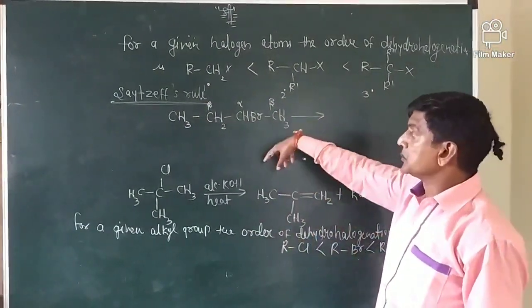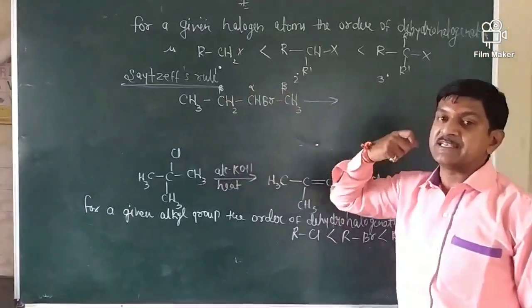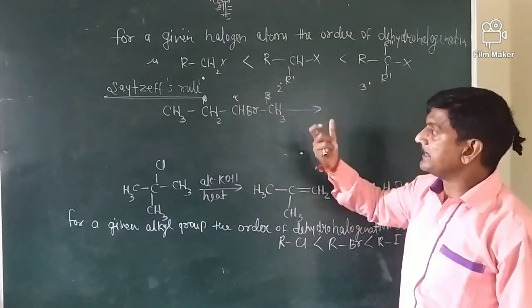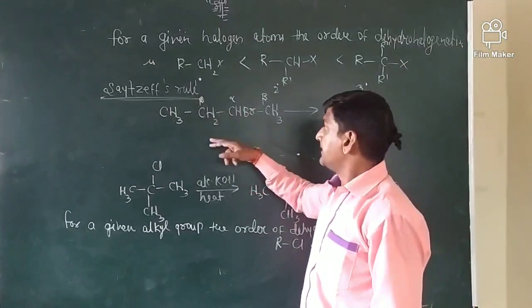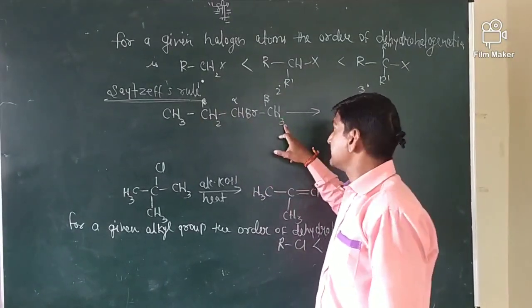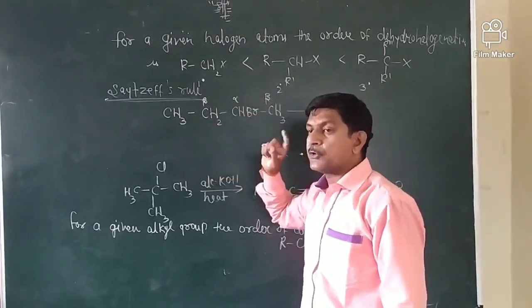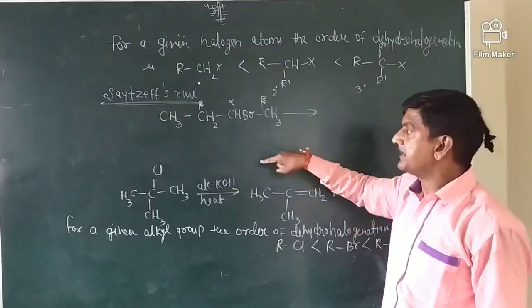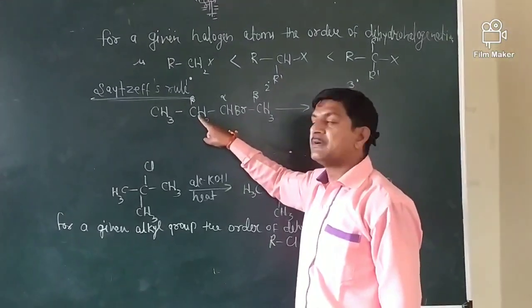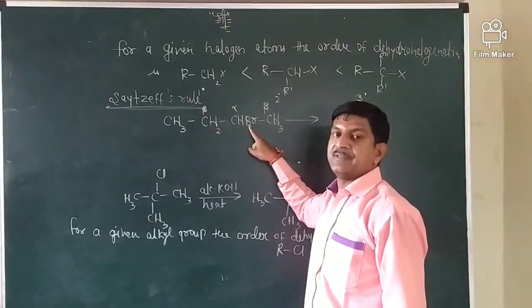According to the rule, hydrogen atom is eliminated from that carbon atom which possesses the least number of hydrogen atoms. Just see both beta carbon atoms. Here is one beta carbon, this is also beta carbon. But here the number of hydrogens is 3, and here it is 2. So hydrogen atom is eliminated from here, and the halide group from here.